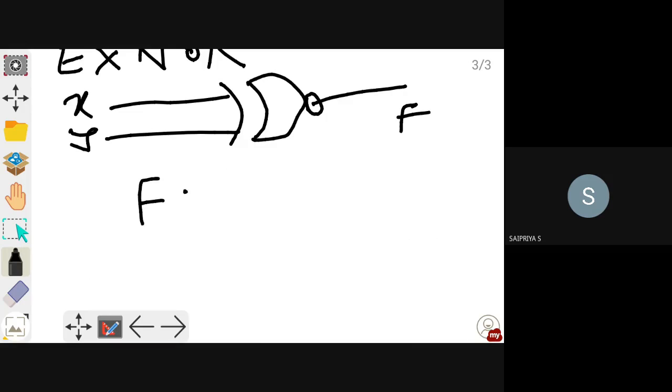So your f is equal to, that is, if both the variables have the same value you will get 1. That is either xy or x bar y bar. So this is known as the XNOR operation. That is, both the inputs should be either 1 or both the inputs should be 0. Then only you will get the output.